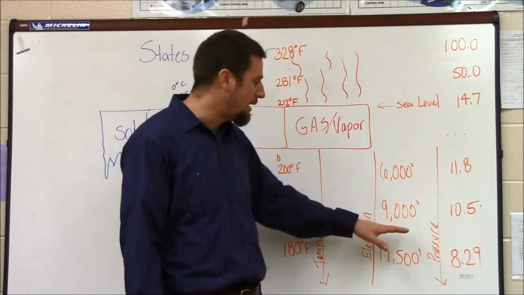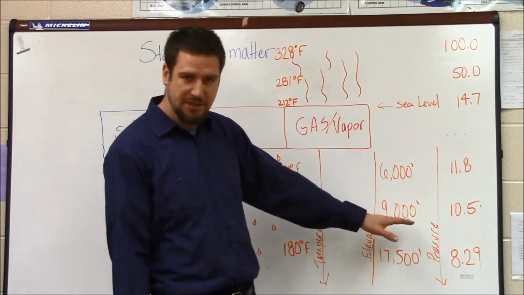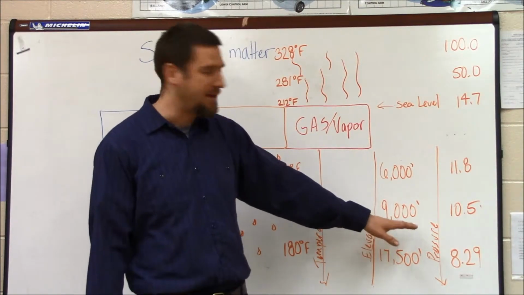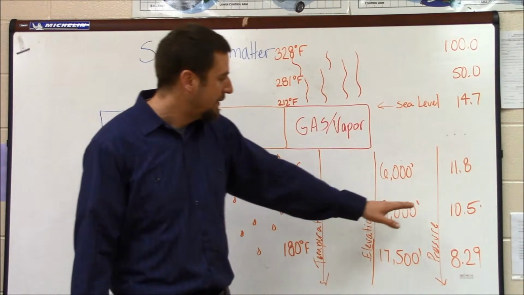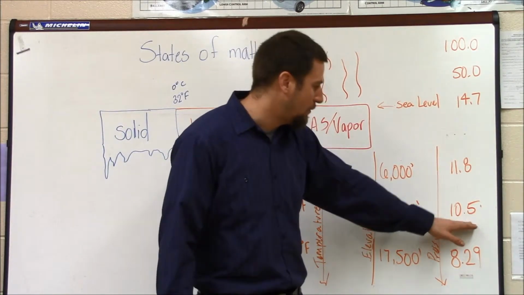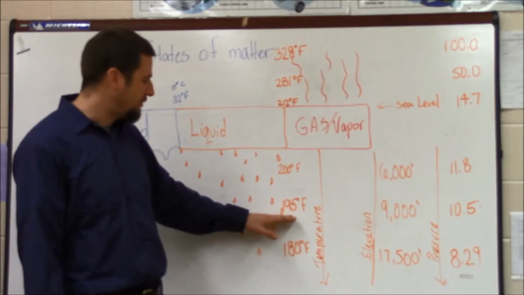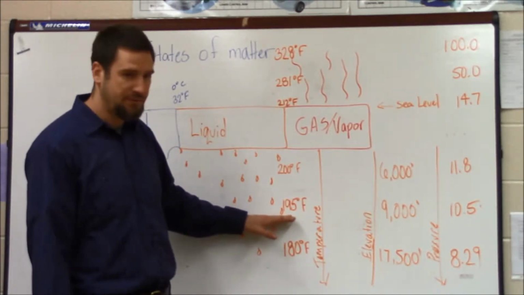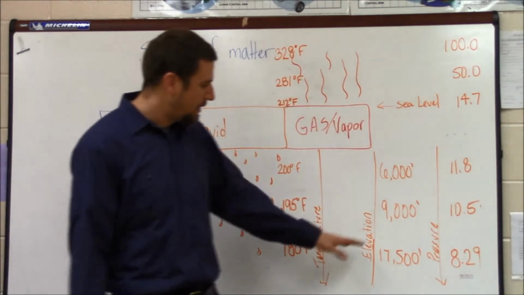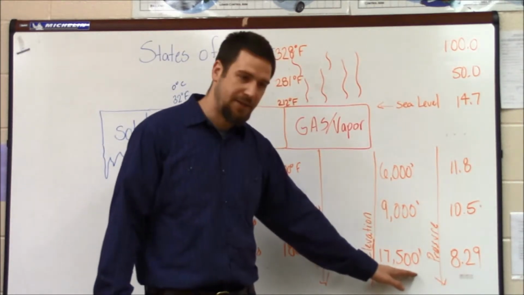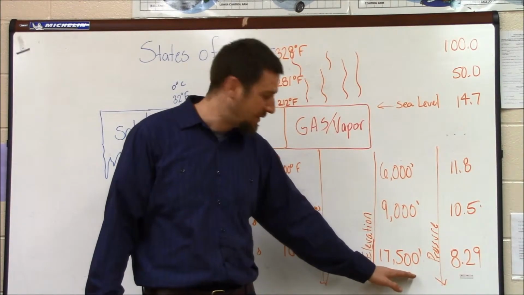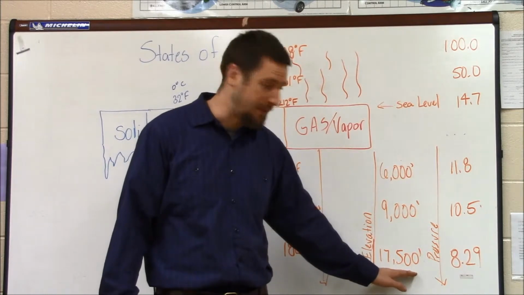If you go a little bit higher, you're not going to get this height on the East Coast, but go out to the Rockies and you can achieve 9,000 feet. Okay? Atmospheric pressure is a little bit lower, 10.5 psi. The boiling point of water has also dropped to 195 degrees Fahrenheit. Higher still, okay? In the continental U.S., I don't think you're going to get 17.5 unless you're in an airplane.